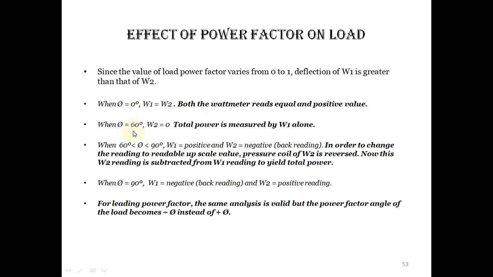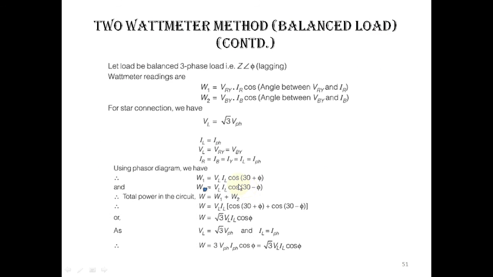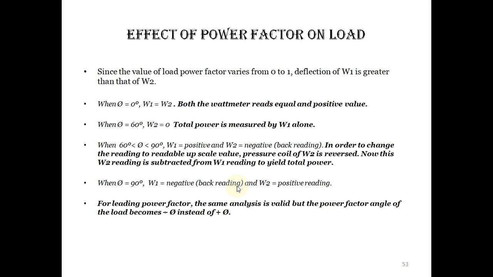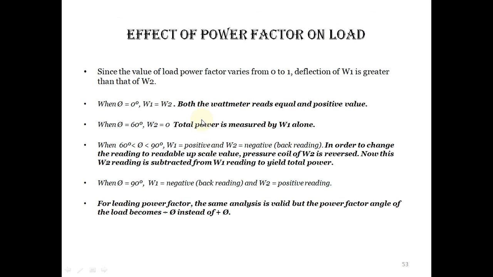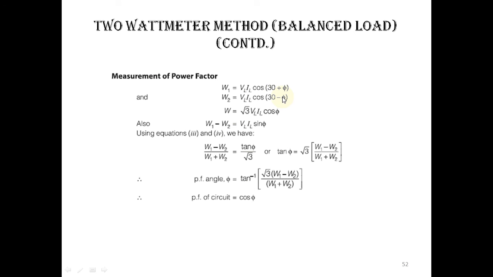When phi equals 60 degree, one angle is 30 plus 60, that is 90 degree, and the other is 30 minus 60, that is minus 30 degree. So total power is measured by W1 alone, and W2 equals 0.